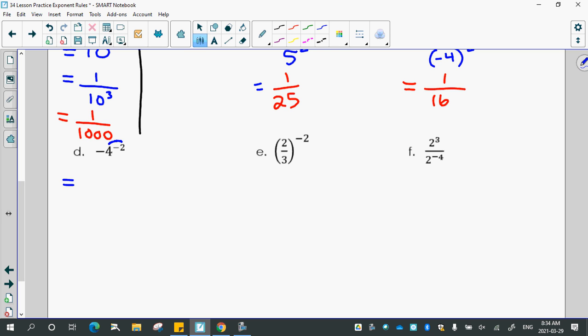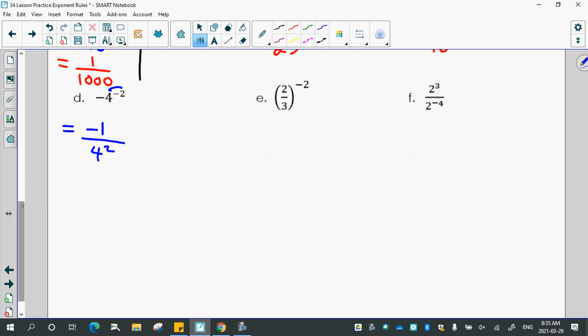Just the 4. So the negative stays on top, and if there's no number, you'd put a 1, so it makes sense: negative 1 over 4 to the power of 2. That negative is just like a little negative 1 multiplying 4 to the negative 2 out front. Now we evaluate, so negative 1 over 16.